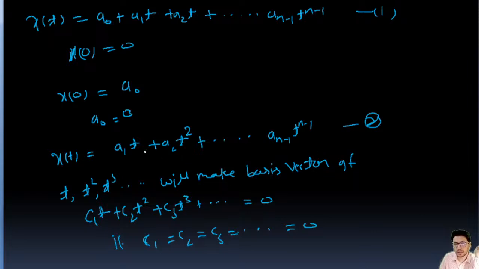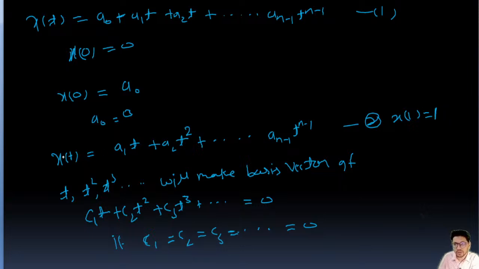Because if you put t equal to 1, just wait, we haven't put the condition. Since we have been given this second condition, let me write. Here we have also been given x(1) = 1.